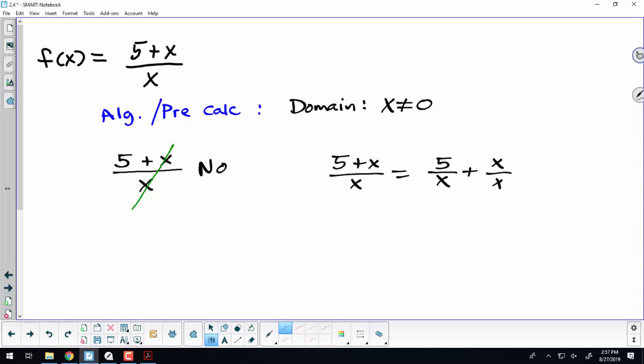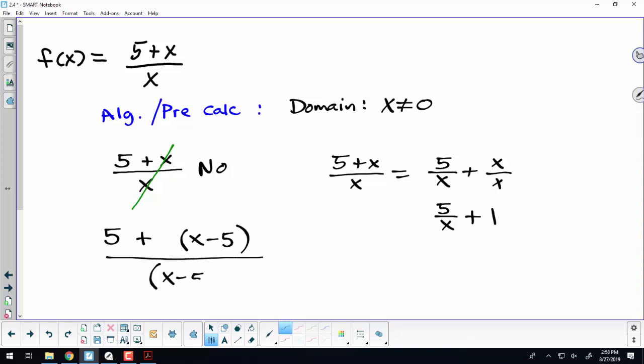This simplifies to 5 over x plus 1. It's not just 5. So hopefully none of you are in that habit, but if you are, you've got to get out of it. Same thing, if it's like 5 plus x minus 5 over x minus 5, these things don't just cancel out like that. If they're multiplied, then they cancel.